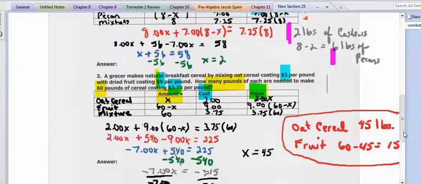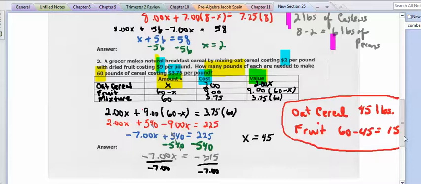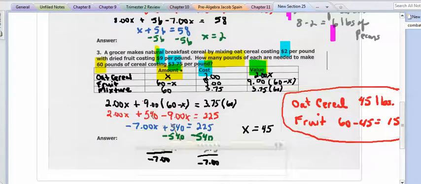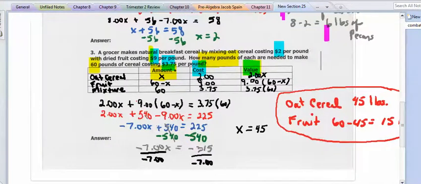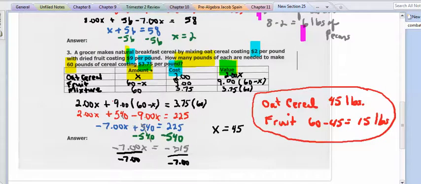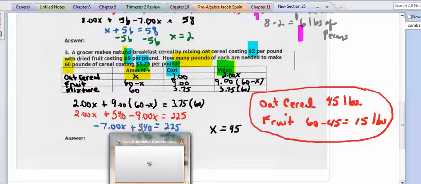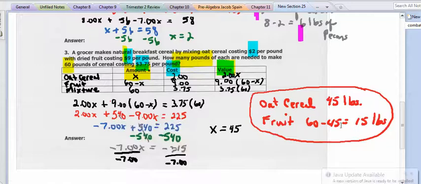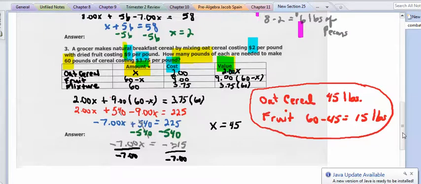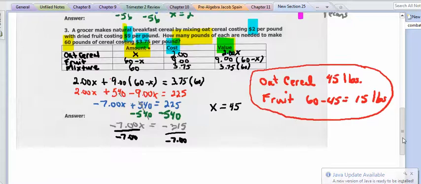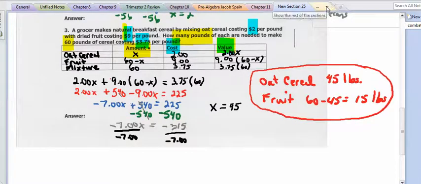So number 3, we need 45 pounds of oat cereal and 15 pounds of fruit. And the work is right here. Okay, so if you want to stop, study what I did, see where I plug things in. Okay, then I'm going to go to the next one.